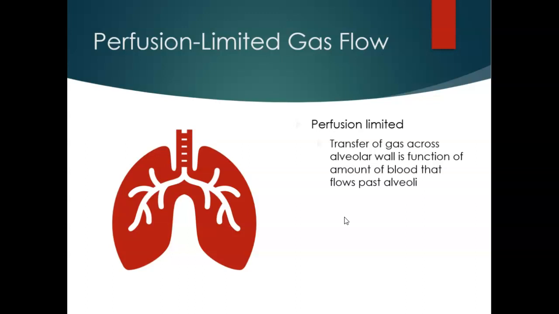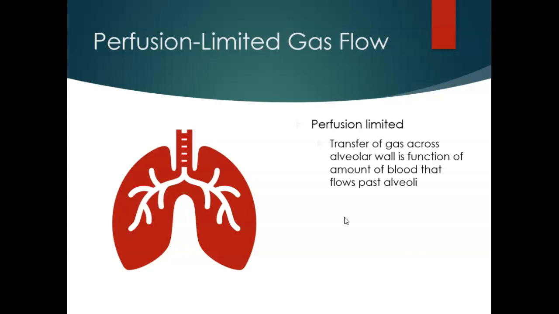Okay. So in order for any of this to happen, you have to have perfusion and ventilation. We talked about ventilation perfusion ratios and VQ mismatches, again, back in survey. So perfusion limited means that the transfer of gas across that alveolar membrane is a function of how fast the blood flows.